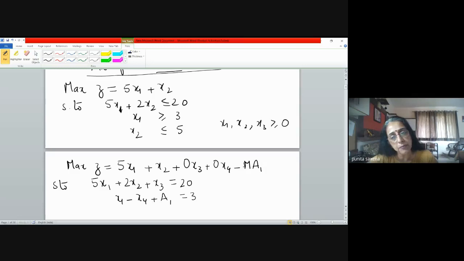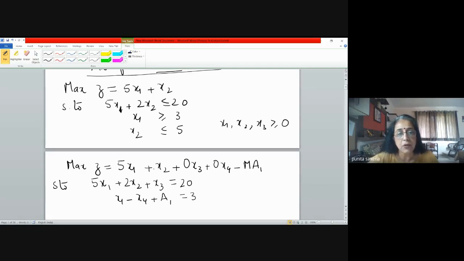M is arbitrarily a very large number, as large as you can think of. It depends upon the values here also. If I have single digit numbers, then 100 is also large compared to that, but if I have values in, say, 5 digits, then I have to choose my M accordingly. So it is left arbitrarily large. Now this becomes the coefficient in the objective function, but the coefficient in the constraint is still 1 here.